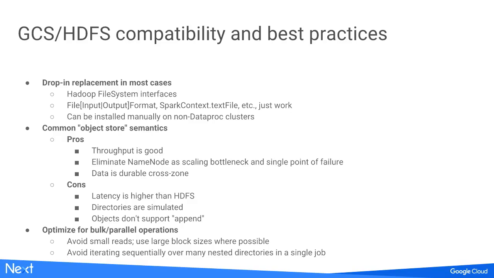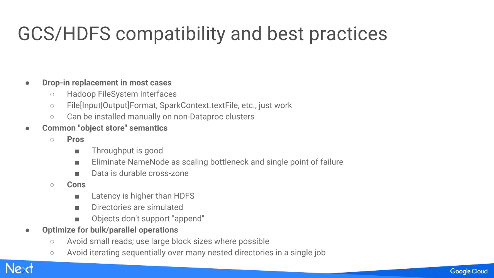In general, though, a lot of these constraints come from architectural designs that are actually benefits. So for example, some of this increased round-trip latency comes as a result of no longer having any single point of failure or any single bottleneck. So you can have arbitrarily many files in a single GCS bucket if you want, in a single GCS directory, because it's all massively distributed on Google's infrastructure, right?